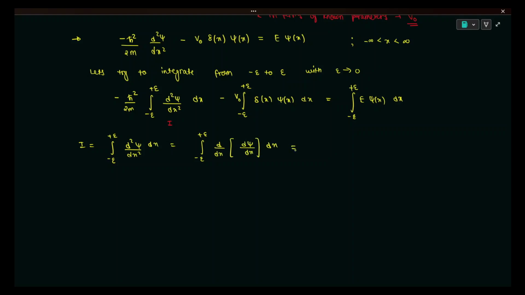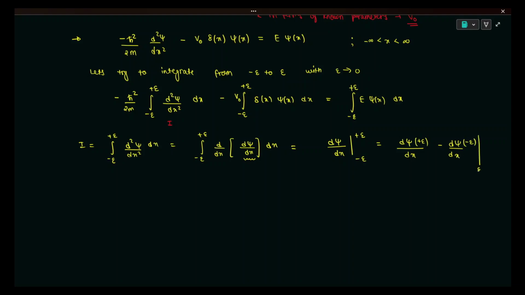So from the first principle of derivative, I can write this in the form of d psi by dx from minus epsilon to plus epsilon, or what I can say, d psi by dx at plus epsilon minus d psi by dx at minus epsilon.